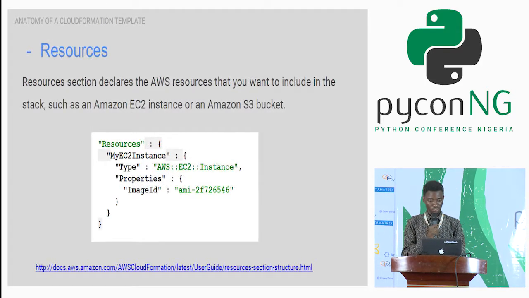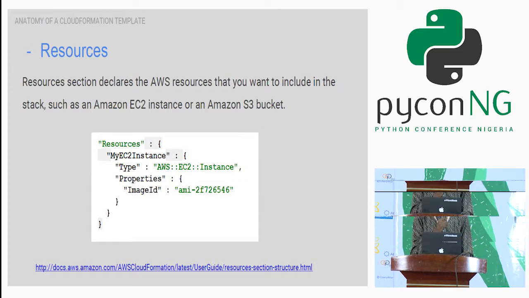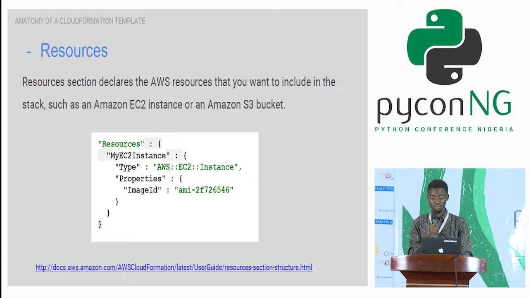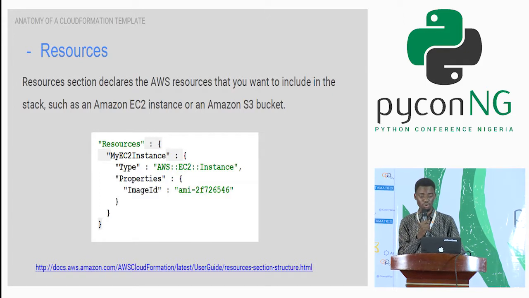Going on to the next one, which is resources. The resources section, which is the most important aspect of it all, declares the AWS resources that you want to include in the stack, such as the Amazon EC2 instance and your S3 bucket. Your resources could include the whole Amazon Web Services provision.